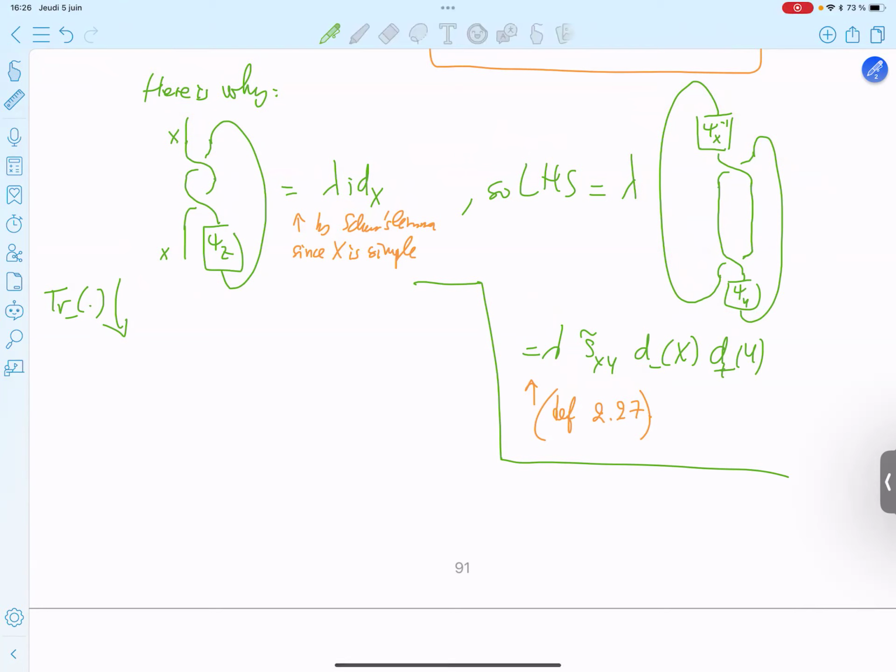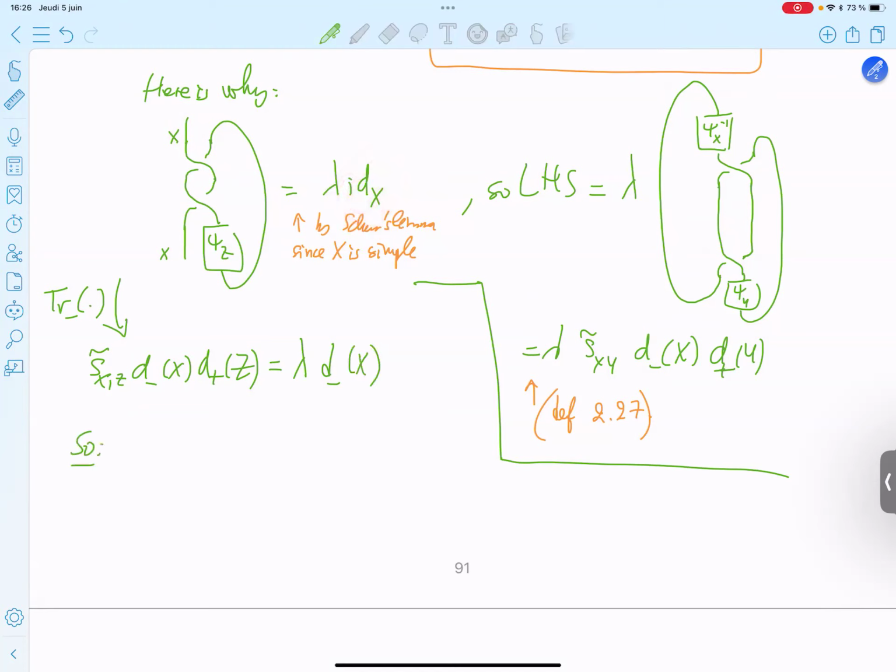So what you get is S tilde xz times d minus x d plus z, which is lambda times the trace here, which gives just d minus of x.